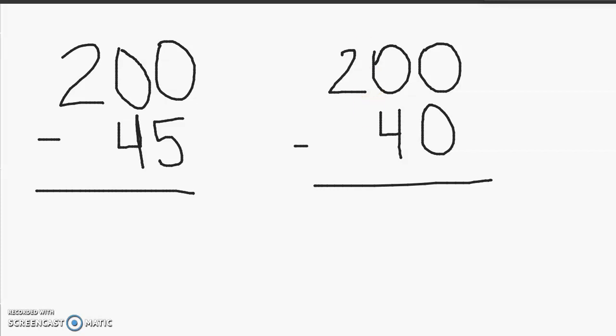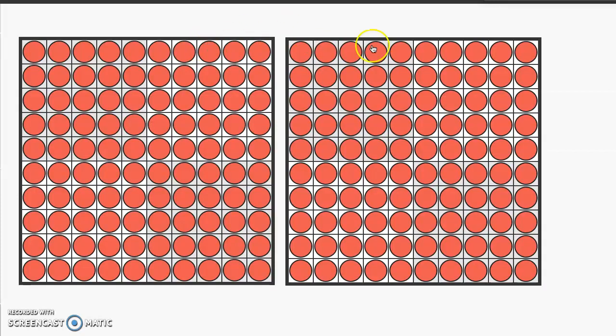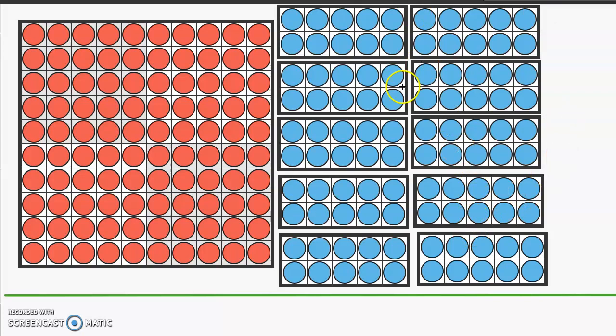They would then build 200 out of the 100s blocks. They would notice that there are no tens blocks at all, so they are not able to take away 40. They will then regroup the hundreds blocks here into 10 tens like this.